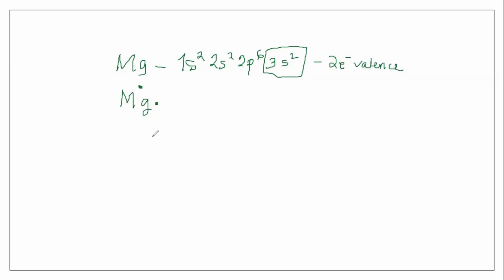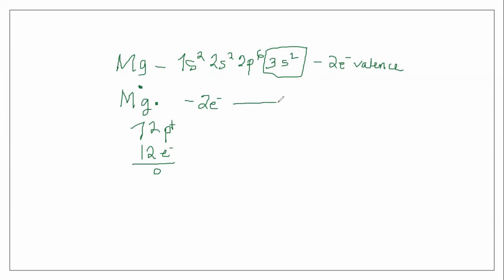Okay, so sabi natin, ulitin natin since it is 12, so we have 12 protons and we have 12 electrons. Okay, so since meron tayong dalawang valence electrons at siya ay kabilang sa metal, so magbabawas tayo ng dalawang electrons.